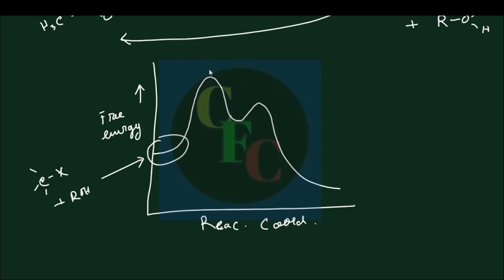And ultimately here this is the intermediate, so this is your carbocation, and in this place this is the bond breaking transition state, right? So TS1 is the bond breaking, and here it is the abstraction of the proton. This is the difference between SN1 and E1.